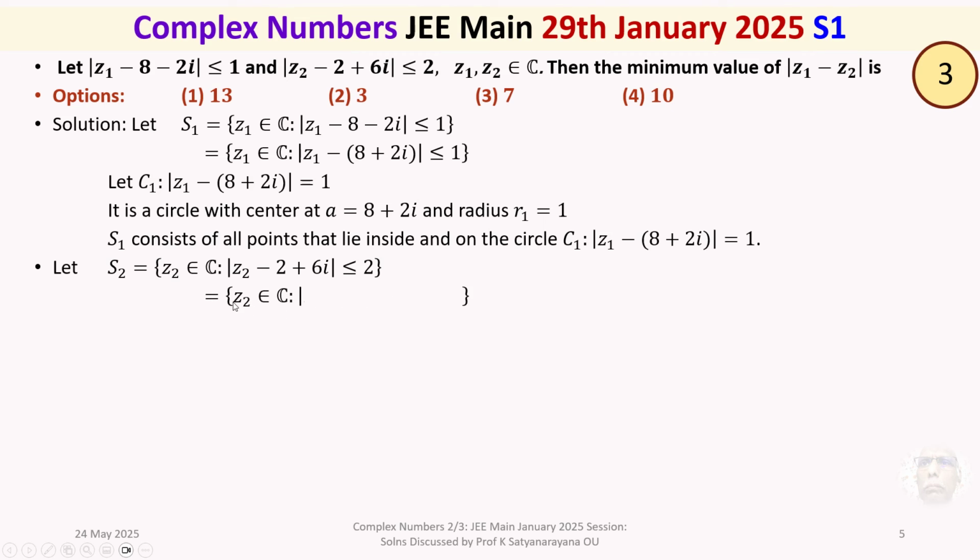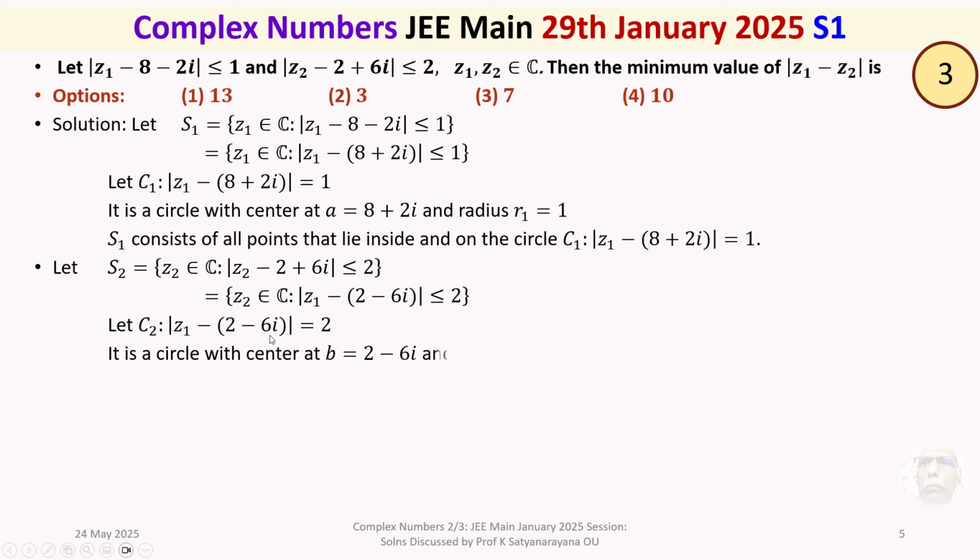This is equal to the set of all Z2 belongs to C such that modulus of Z2 minus 2 minus 6i is less than or equal to 2. So let C2 be the circle modulus of Z2 minus in brackets 2 minus 6i is equal to 2. It is a circle with the center at 2 minus 6i and a radius R2 equal to 2.